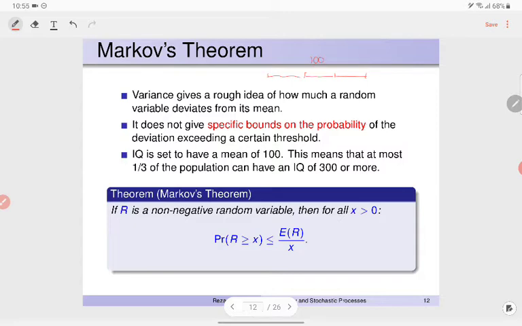If more than 1/3 of the population have an IQ of 300, then the other 2/3 will not be able to offset this 1/3 to obtain the average 100.